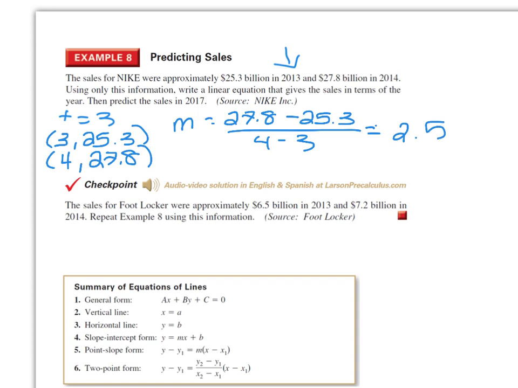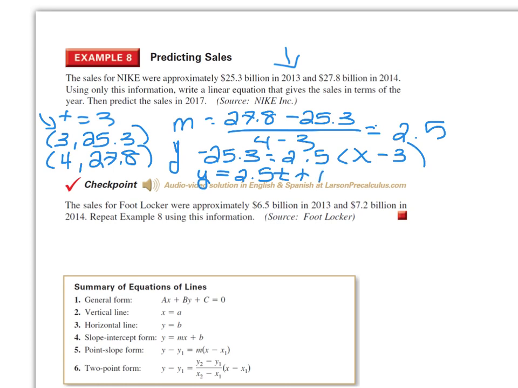And now I'll just use this equation here. So y minus 25.3 is equal to 2.5 times t minus 3. When I solve that all out, I get y equals 2.5t plus 17.8.